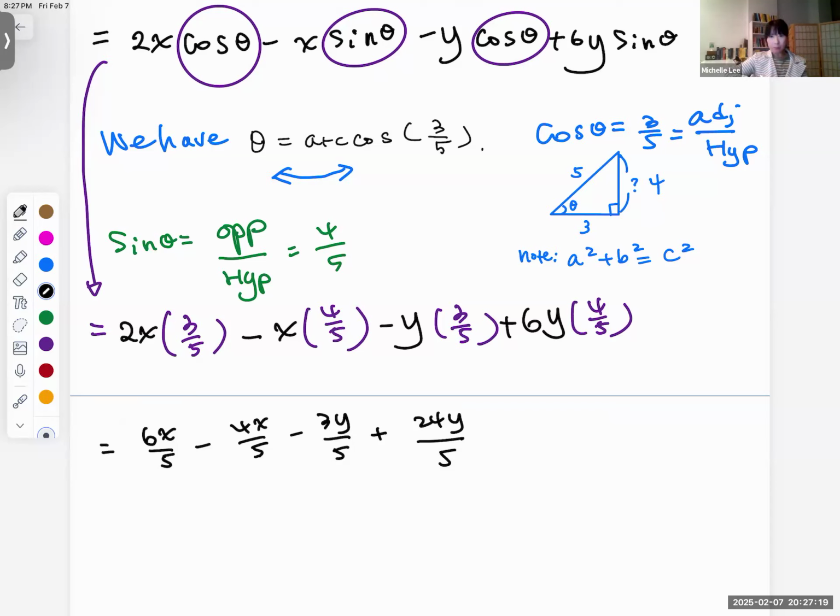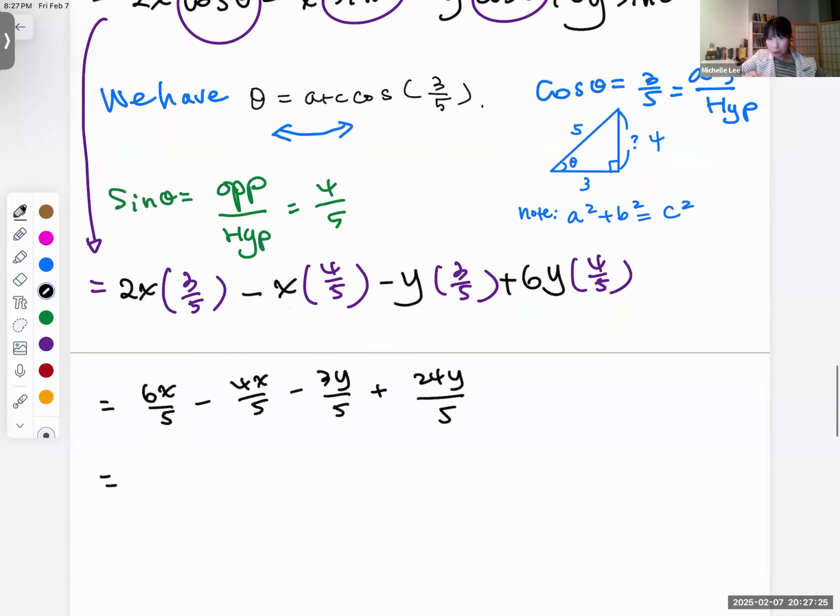Let's combine like terms. So we get the first two terms is 2x/5. And then last two terms we get positive 21y over 5, right? Okay, so we're not done yet.